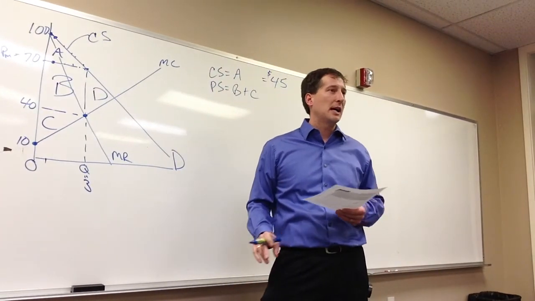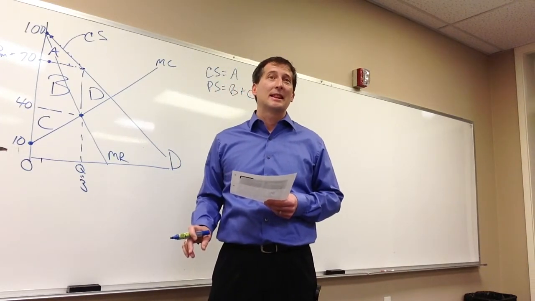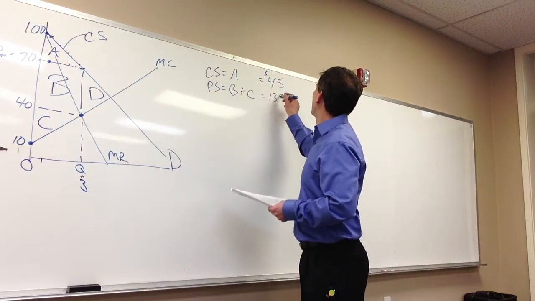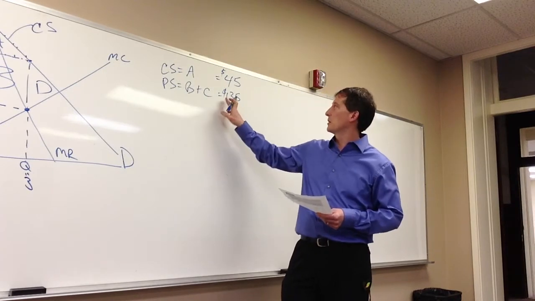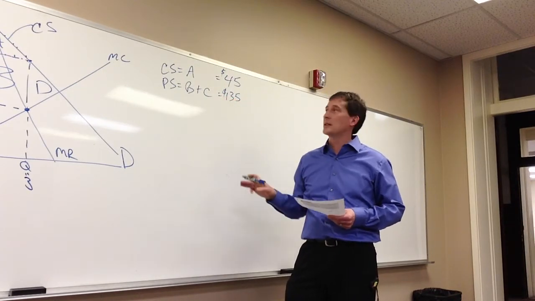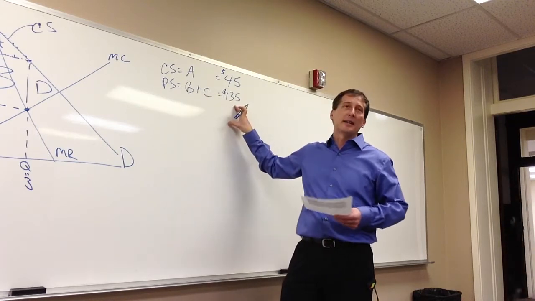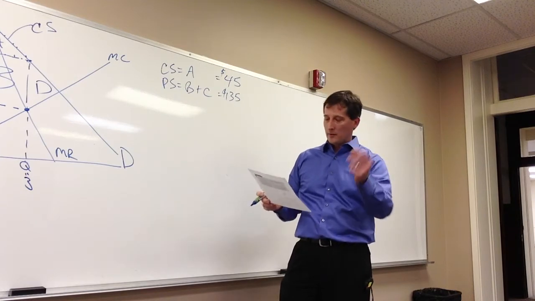Divided by 2 is 45. 90 plus 45 is 135. Okay, the dollar value measure of welfare, so don't forget to put your labels reminding yourself that it's a dollar. Sometimes we stay in geometric shapes, but at the end of the day, these surpluses are the dollar value measure of welfare.